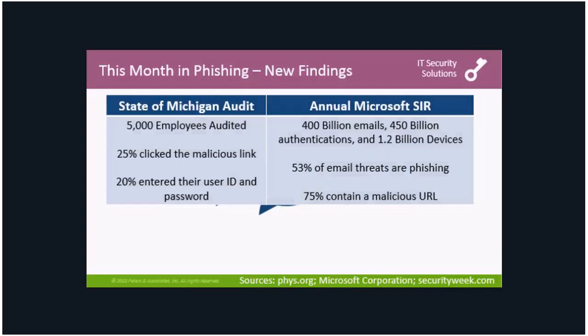That includes looking at 400 billion emails, 450 billion authentications, and 1.2 billion devices. For the phishing portion, focus on the fact that 53% of email threats are phishing. That's probably not entirely news to most of you. Additionally, 75% of those contain a malicious URL. So again, in the lessons learned, we'll talk about what that means for us.